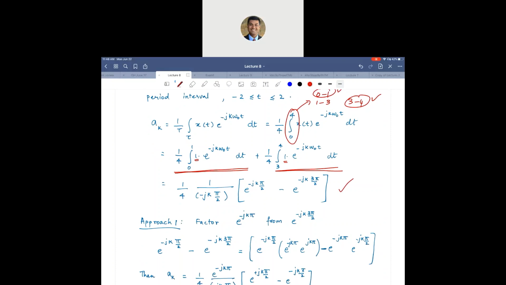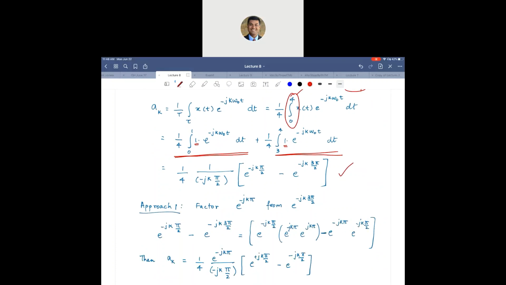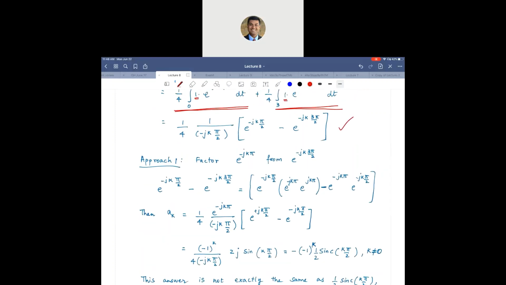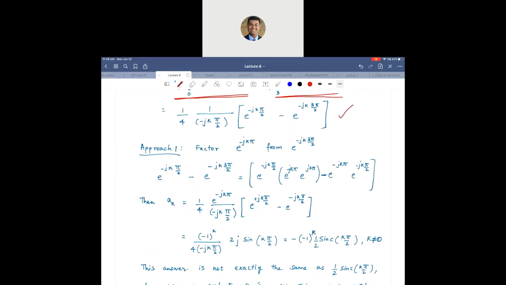Now, as you can see, this is not the exact same form as half sinc k pi over 2. So we are going to have to manipulate this using some factorization skills. And we can do it in two different approaches. Approach 1 is to factor e to the minus jk pi.